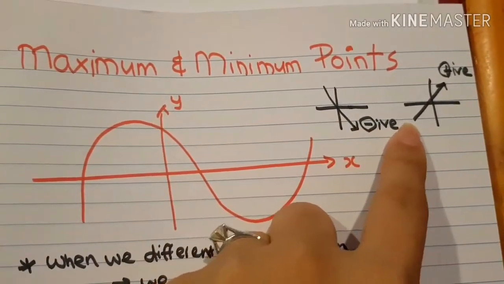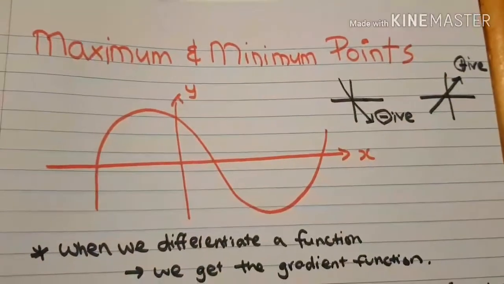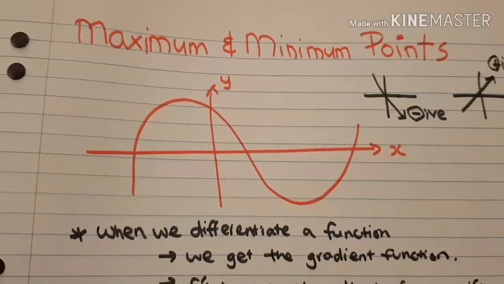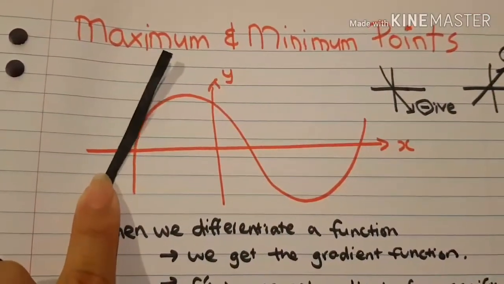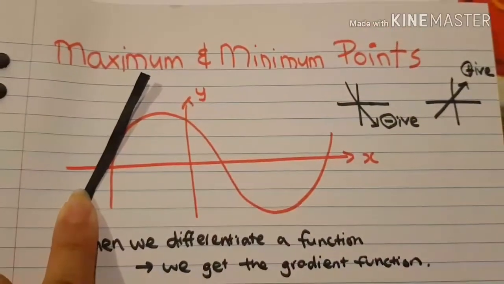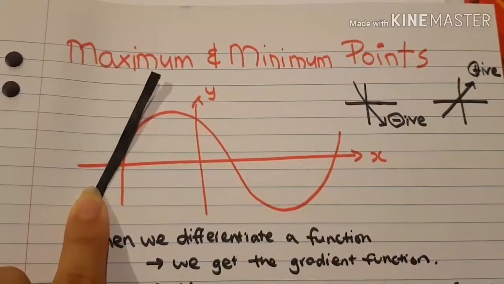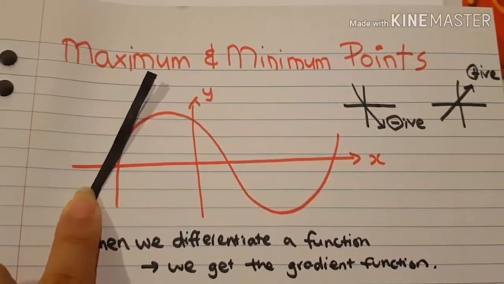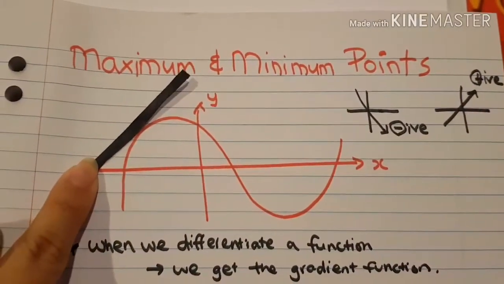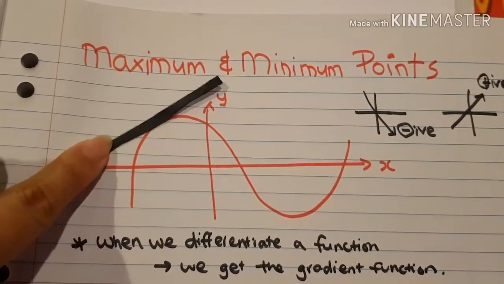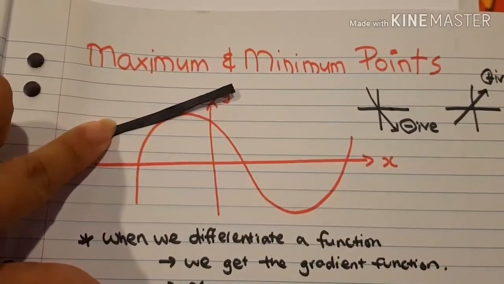If it was going up, we could say the gradient is positive. If you want to find the gradient at this specific point, it's going up, so it's positive. My gradient is still positive, still positive, right?